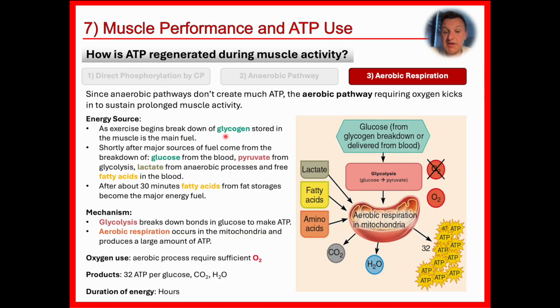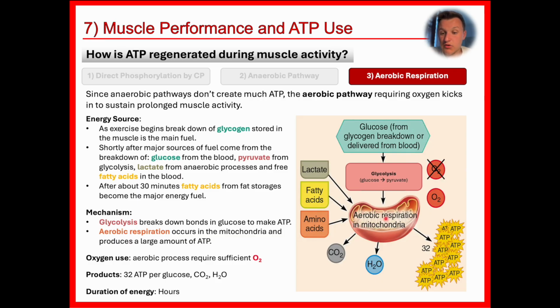As exercise begins, it first comes from all those glycogen storages in our muscles. That's the main fuel, right? Shortly after, major sources of fuel will come from the breakdown of glucose in the blood. We will have pyruvate from glycolysis. Glycolysis still happens and we still make pyruvate.